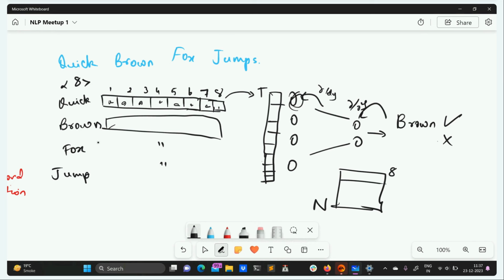So I start with this matrix and I randomize it. So let's say I set every cell here to 0.5. So I initialize the matrix with 0.5. Then I start doing this next word prediction task.